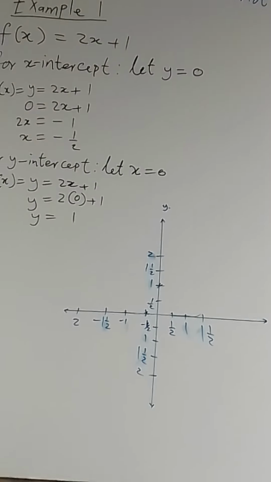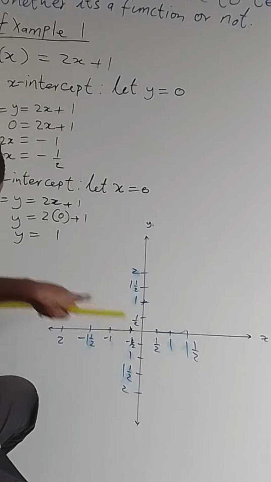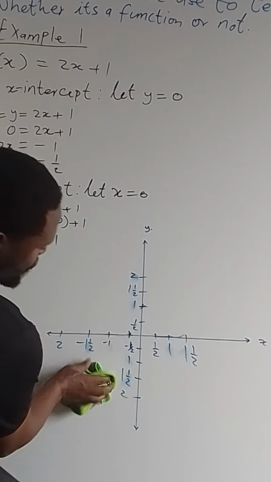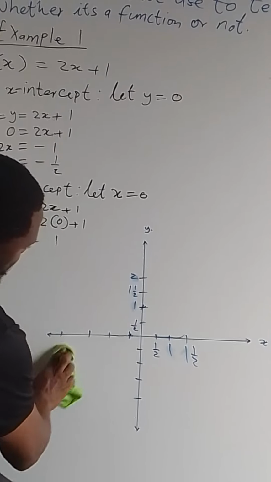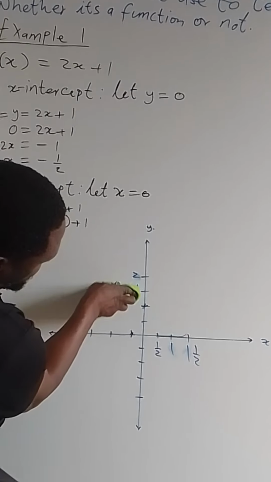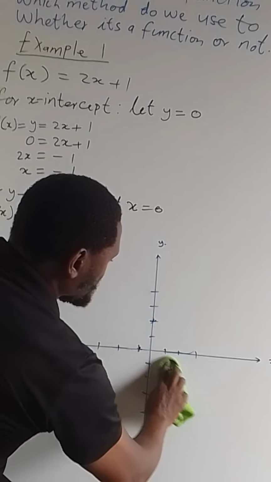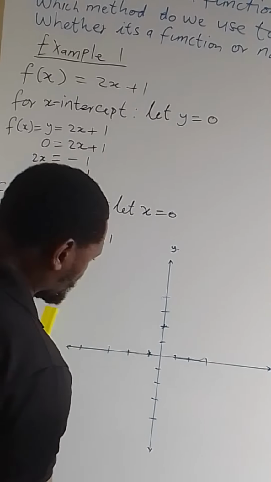For convenience's sake, your 1 is up there and your half is on this side, so we don't have to draw it to scale, because we need to explain another concept which is very important.